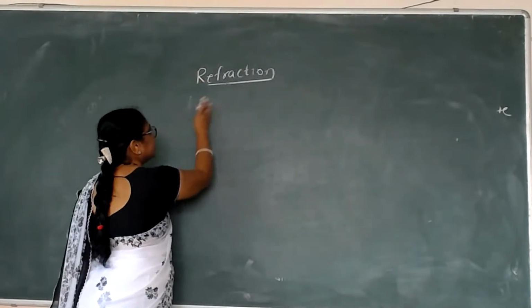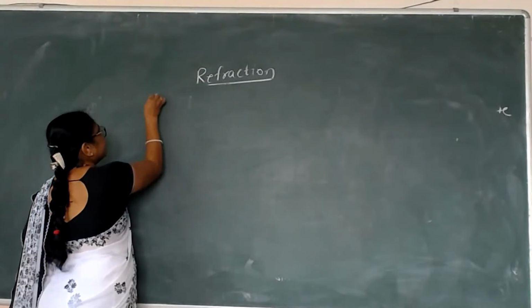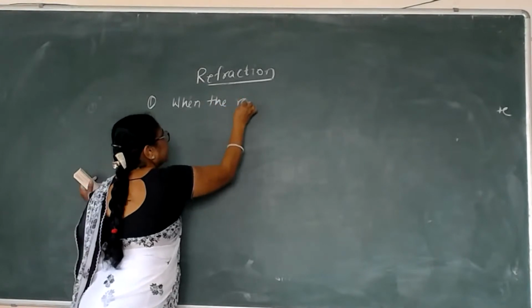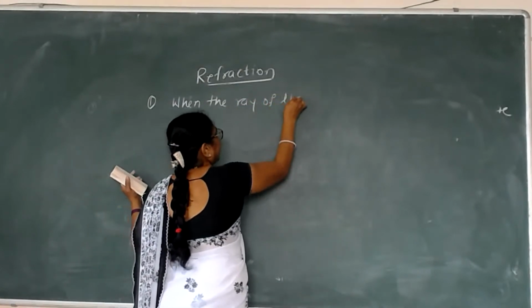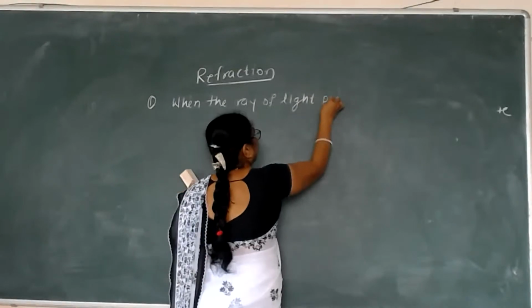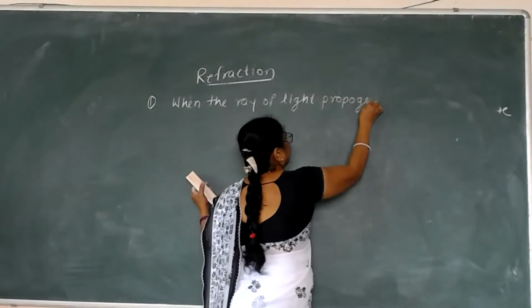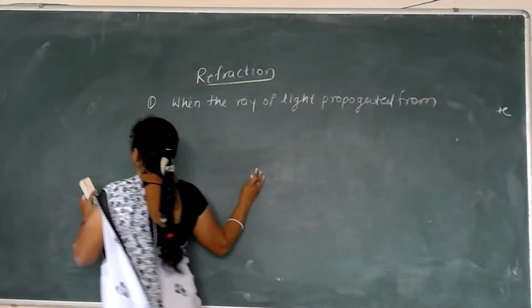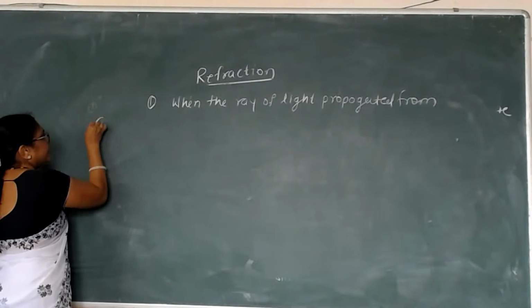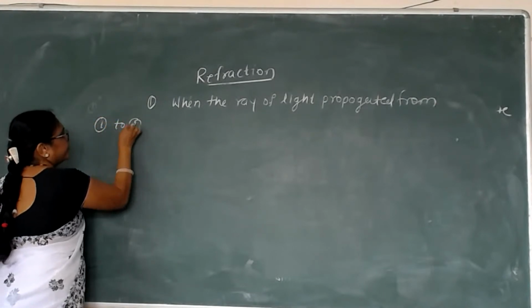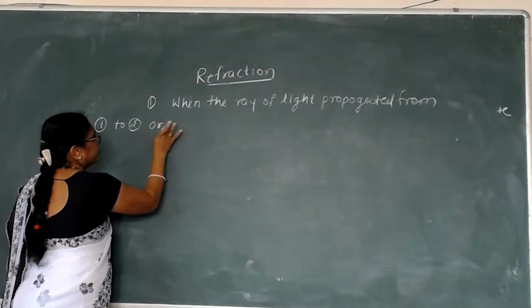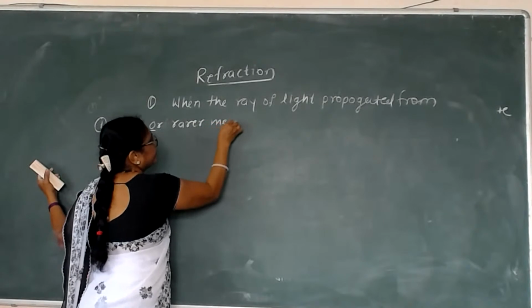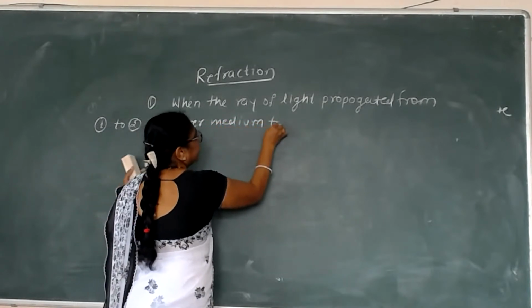Let's see how we write this refractive index. When a ray of light propagates from the first medium to the second medium, or from a rarer medium to a denser medium.